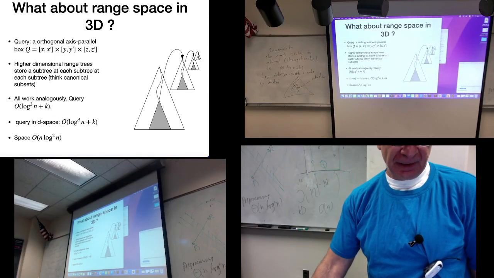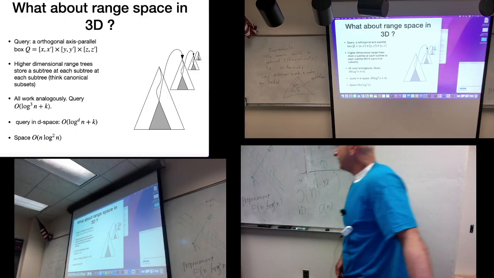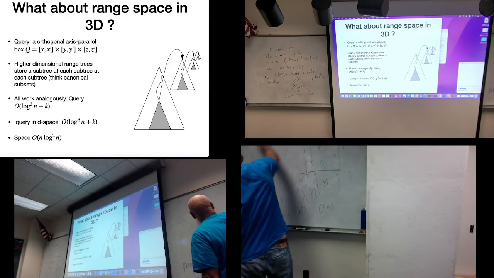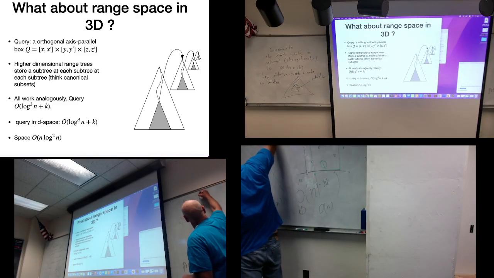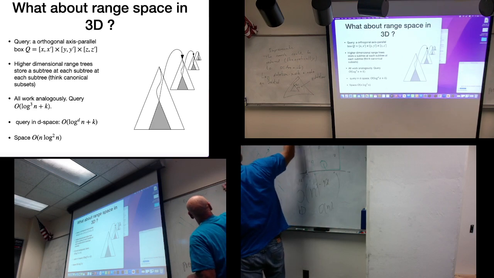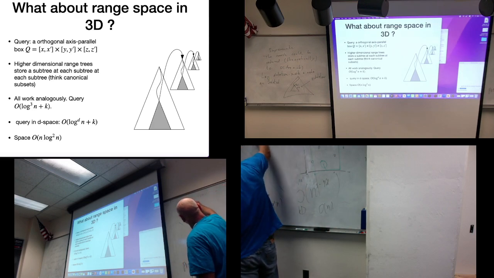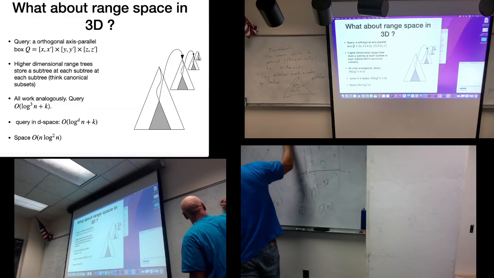The space in 2D is n log n, and that will be n log square n in 3D, and in d dimensions, if I live in R^d, in d-dimensional space, the memory is theta of n log to the d minus 1 of n.